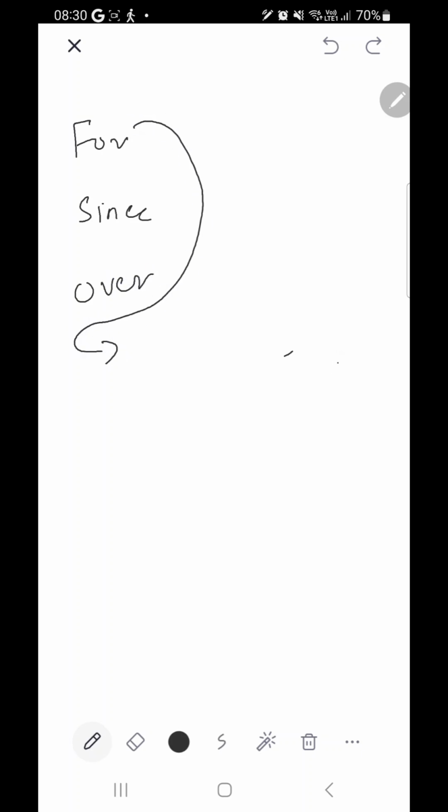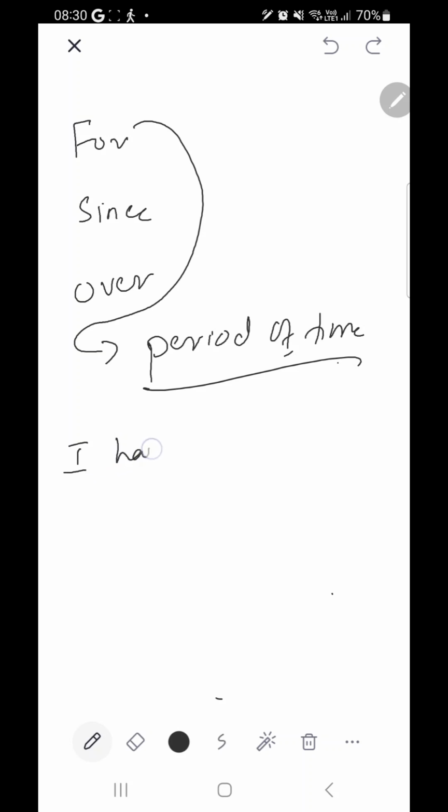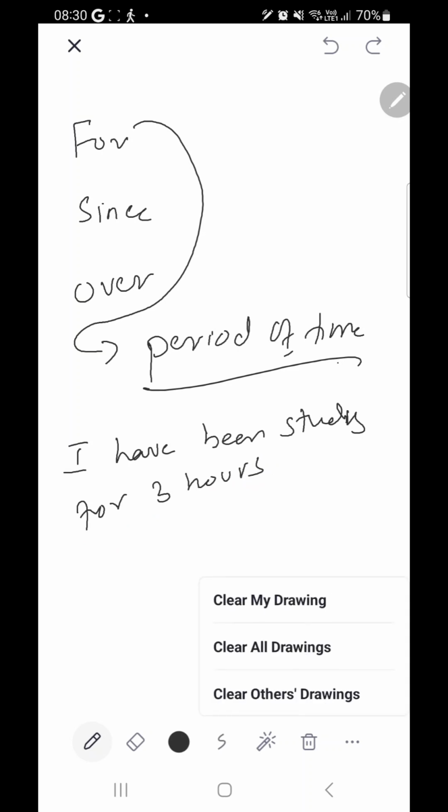We can use for a period of time when the start of time is not mentioned. Let's say, if you can see, I have been studying for 3 hours. We don't know which hours, right?